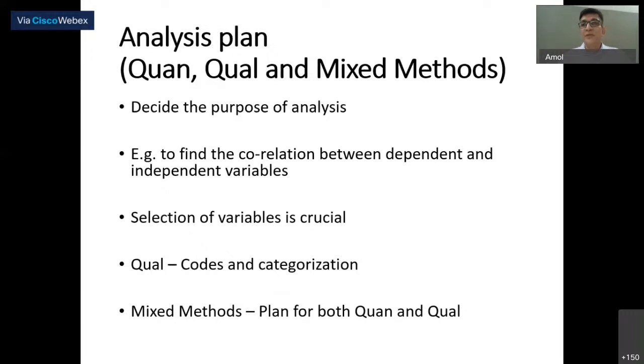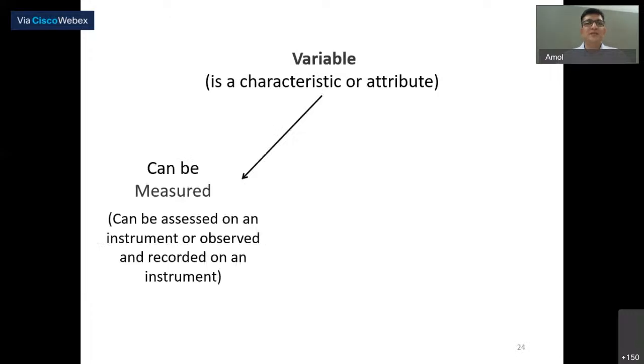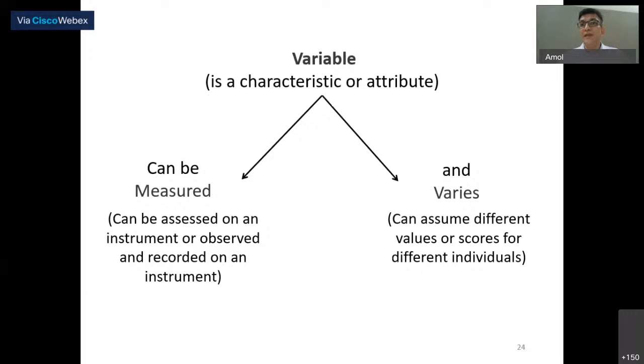Then if you have a mixed method, ask yourself a question: do you have expertise or do you have colleagues in your department to help you with both quantitative and qualitative data analysis? Okay, so now variable means something which can be measured and something which varies. And that's the definition you have to keep in mind when you select variables.